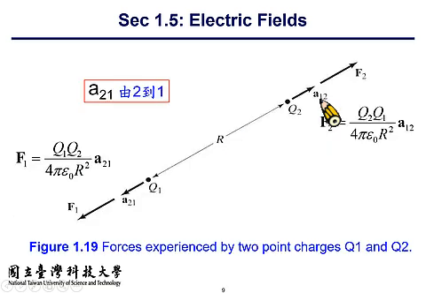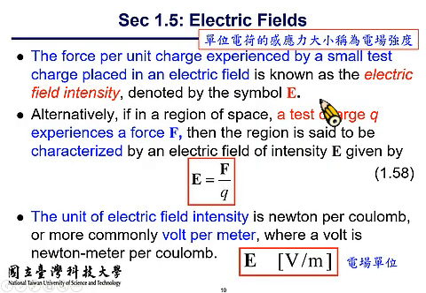Here is the graphical representation of F1 and F2. So F1 is resulting from the presence of Q2 on Q1. F2 is resulting from the presence of Q1, and the force is exerted on Q2. All right. So F1 and F2 are of the same magnitude and of opposite directions.